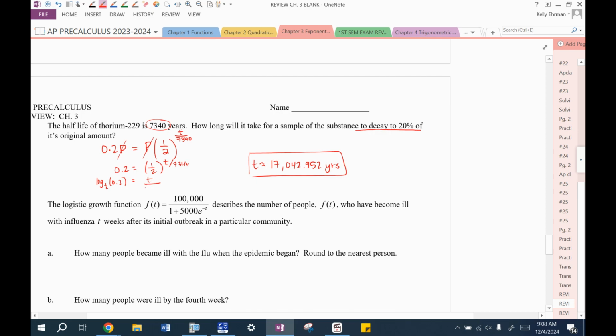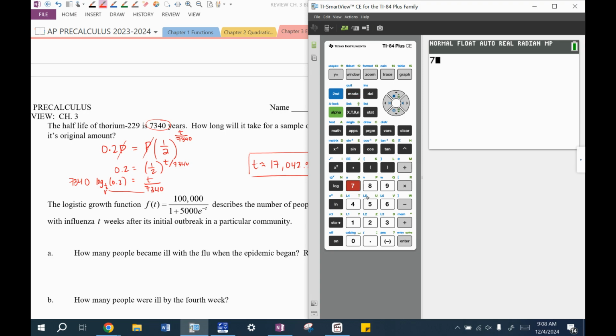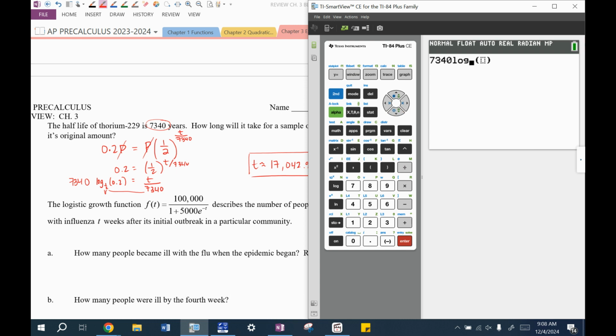That leaves me with t divided by 7,340. And then here you need to multiply that over to isolate t. So let's just check that math to make sure it works. 7,340 multiplied by log base 0.5 of 0.2. Yep, I get the same answer.